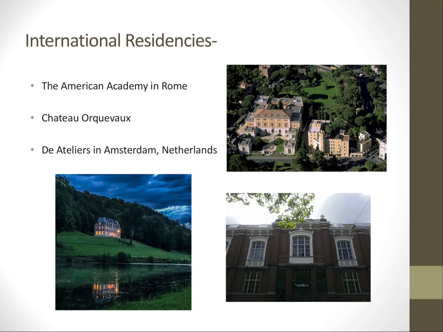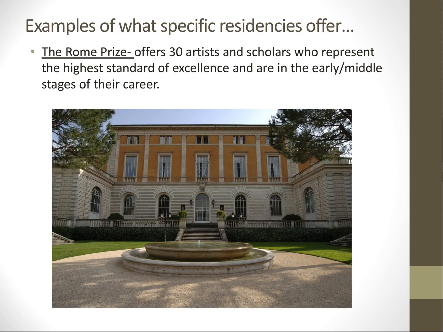So these are kind of like the creme de la creme, like really incredible opportunities that are fully funded. Thing to remember with residencies is depending on which ones you apply to, the opportunity can be fully funded. They might provide you a stipend of $1,000 or $2,000 and then give you free workspace and sometimes living accommodations too.